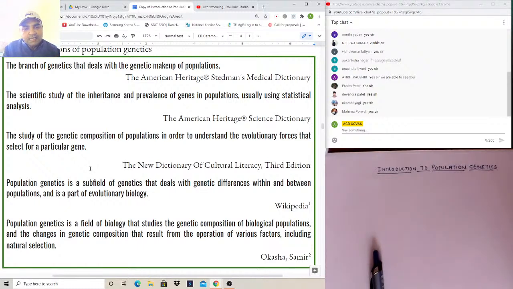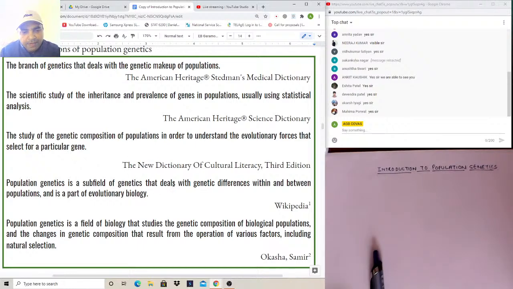So every time there are some natural forces, natural selection is an ongoing process, and those evolutionary forces act on the genetic composition of the population for a particular gene or a set of genes and make them change. And when they change, the structure and the appearance of the population also change, and how it all occurs is known as population genetics.